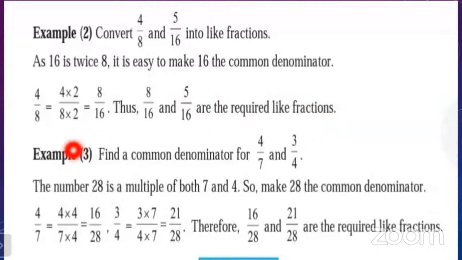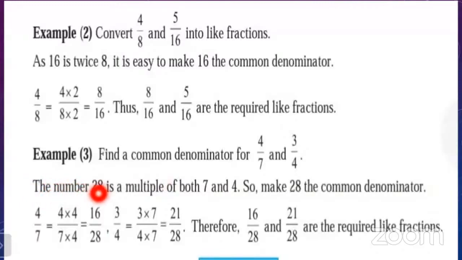In example number 3, find the common denominator for 4 upon 7 and 3 upon 4. Look here now. The number 28 is a multiple of both 7 and 4. So make 28 the common denominator. 4 upon 7 is equal to 4 multiplied by 4 upon 7 multiplied by 4.